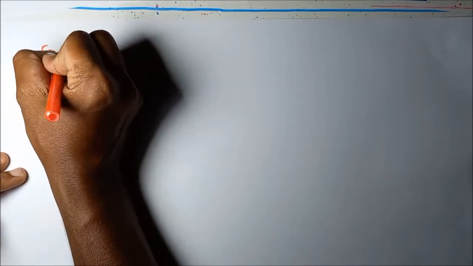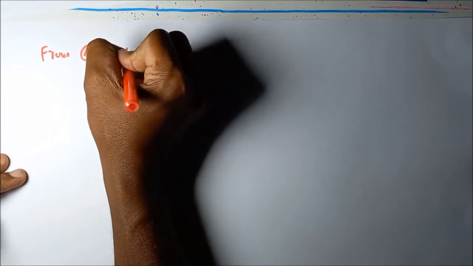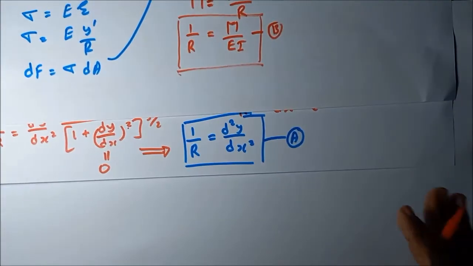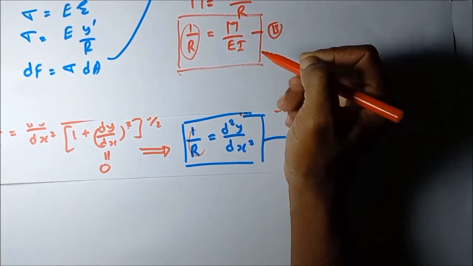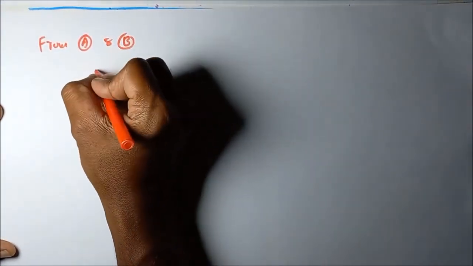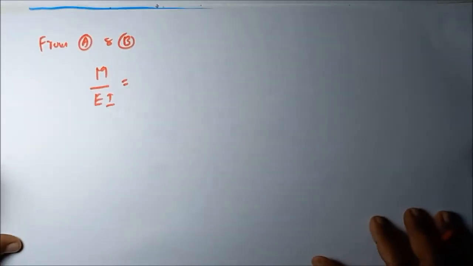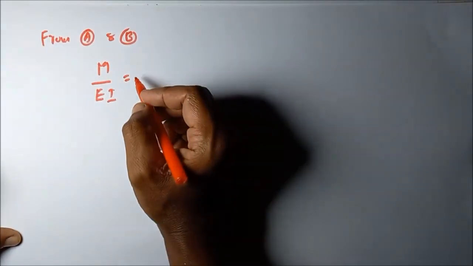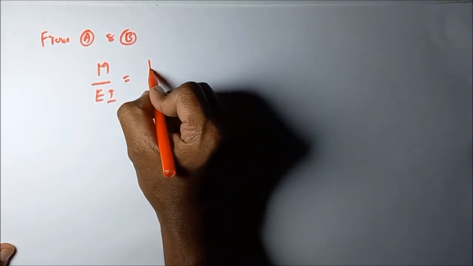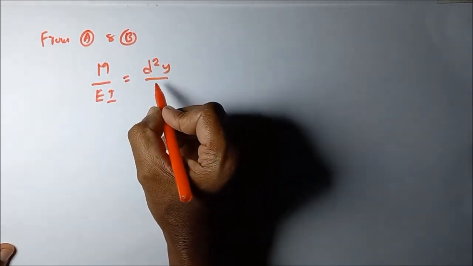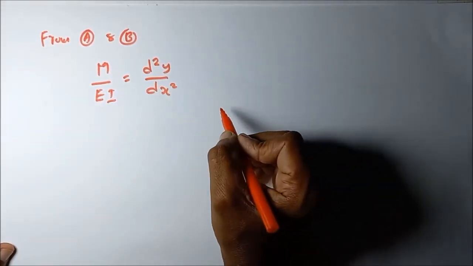From these two equations, from A and B, by equating these two sides, we are getting M divided by EI is equal to d2y dx square.